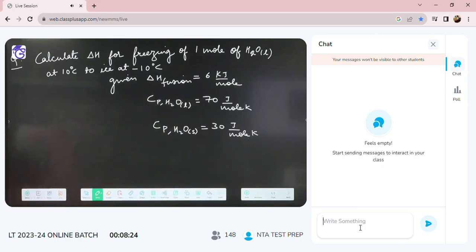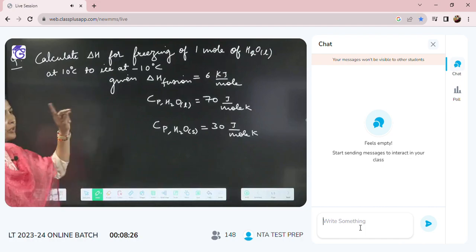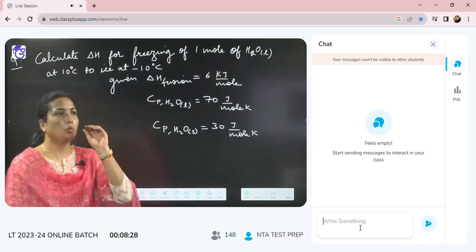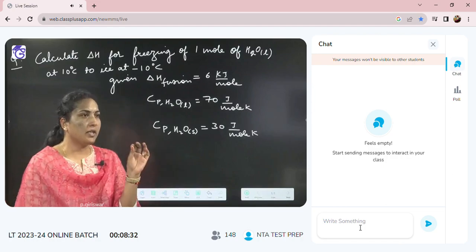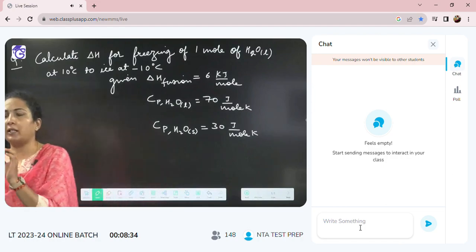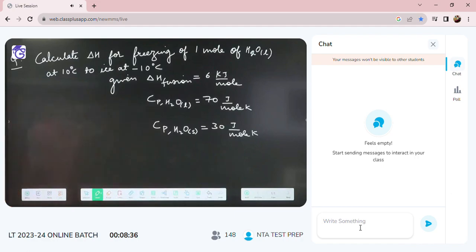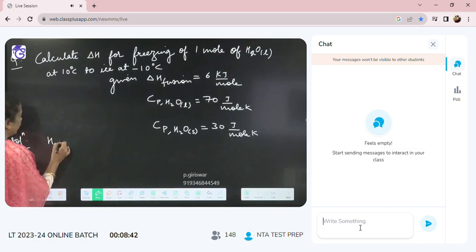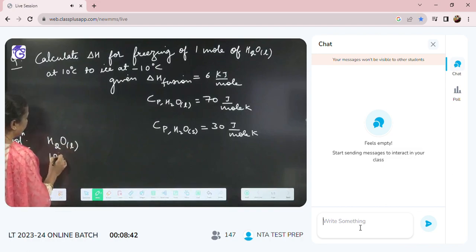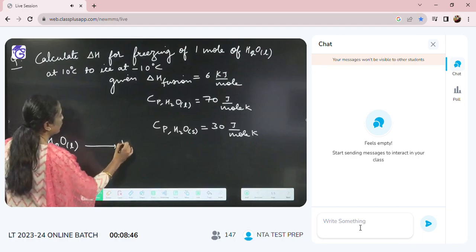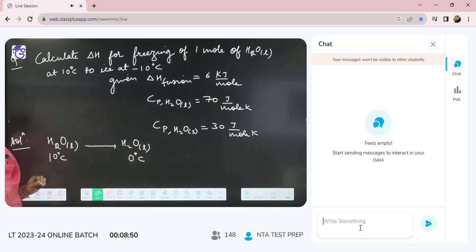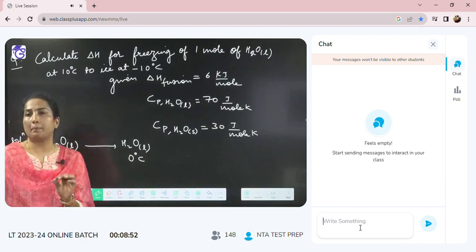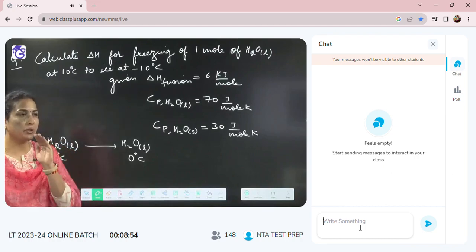So this is the given question. You have to calculate the enthalpy change for freezing 1 mole of H2O liquid, which is present at 10 degrees Celsius, and you have to make the ice at minus 10 degrees Celsius. Looking at the entire process, we have H2O liquid at 10 degrees Celsius. First you cool this liquid down to 0 degrees Celsius, because phase change always happens at a particular temperature, and the temperature remains the same there.